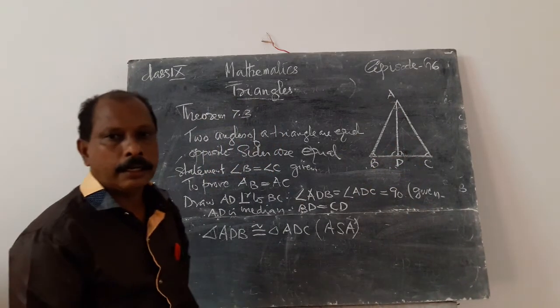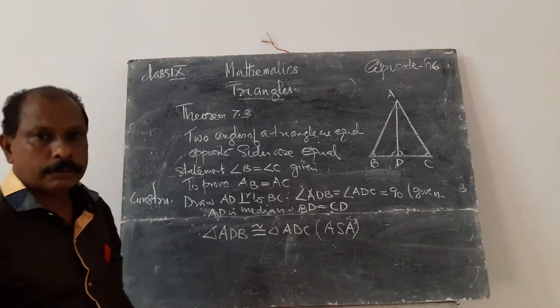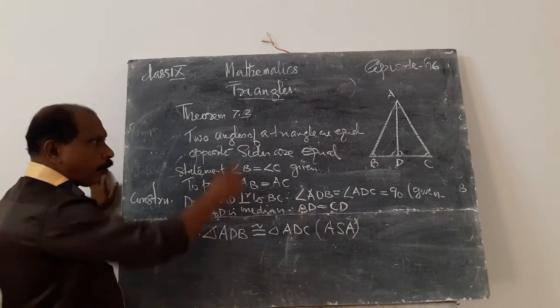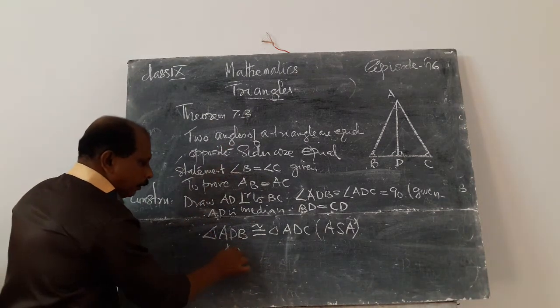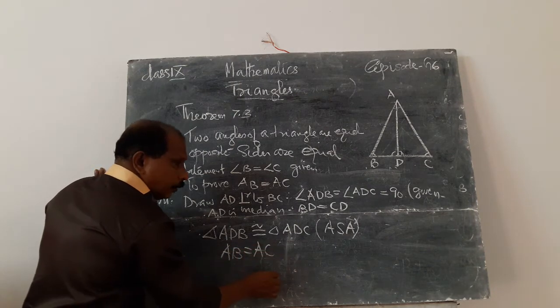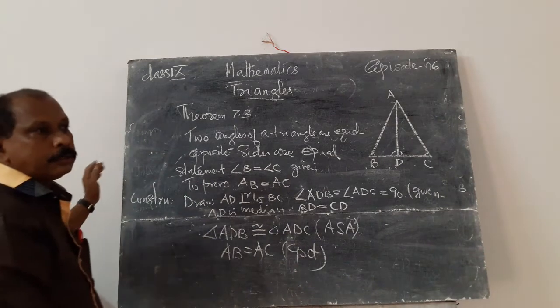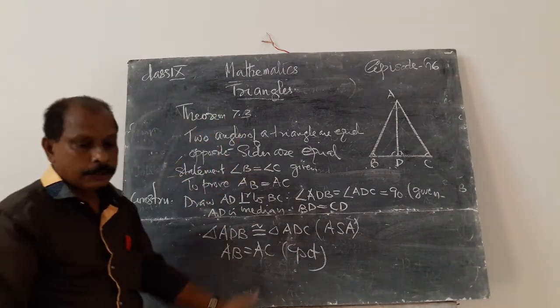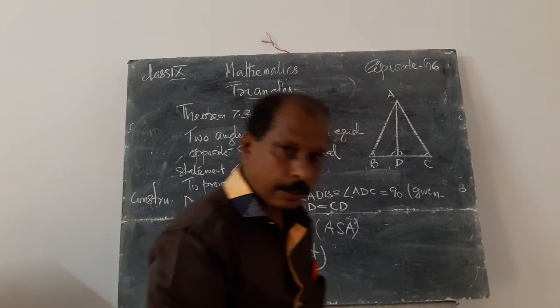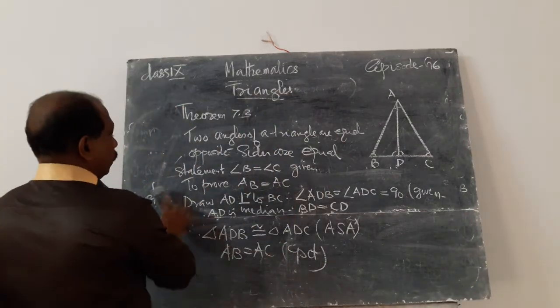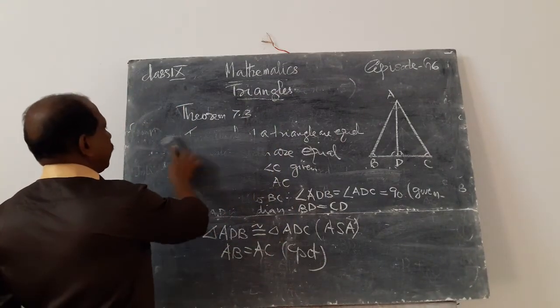Therefore, that is the angle angle side criteria for congruency. Therefore, AB is equal to AC. That is CPCT, corresponding parts of congruent triangles. That is the proof of theorem 7.3. Clear? Therefore, in this chapter, these are the main theorems.